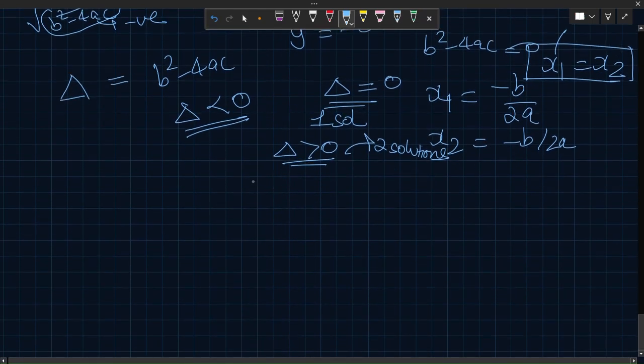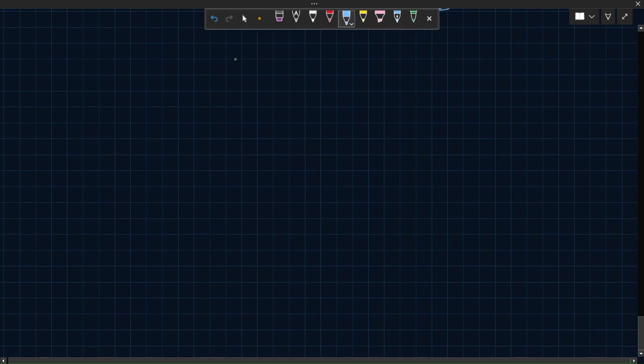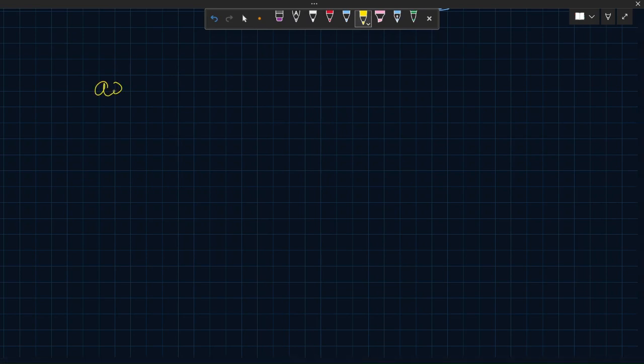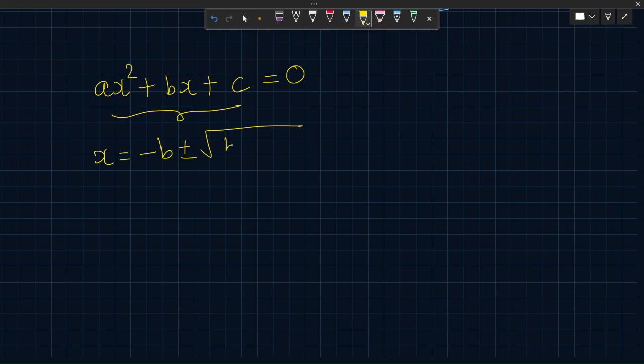So the entire quadratic equation problem can be summarized in this way. If you have an equation of the form ax squared plus bx plus c equals 0, that means the solution x is minus b plus or minus the square root of b squared minus 4ac, divided by 2a, and this quantity delta is b squared minus 4ac.